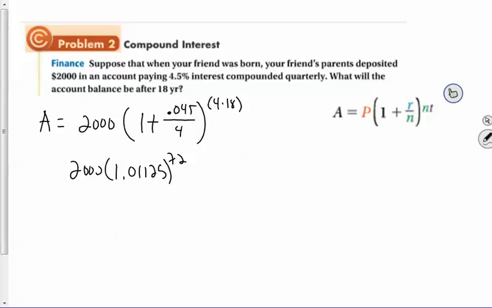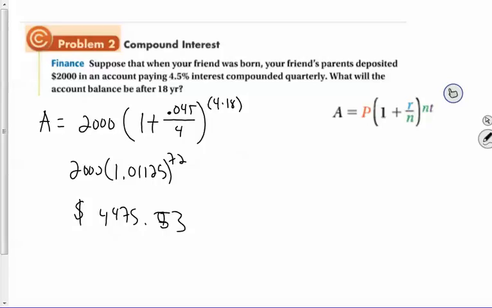Then you plug that into your calculator. So you do 1.01125 to the 72nd power, and then you multiply by 2,000, you get $4,475.53 for that 18 years.